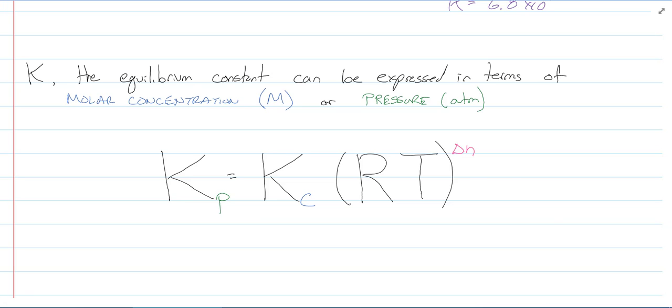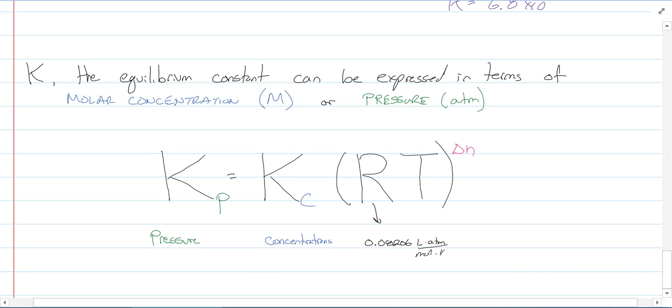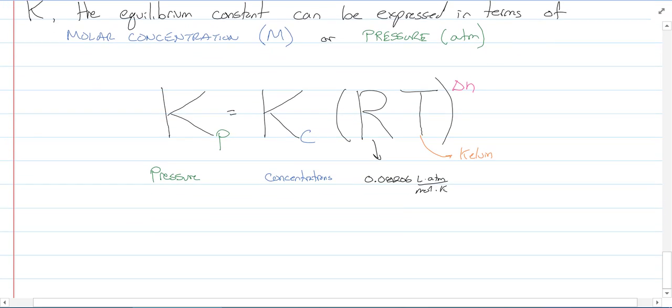Okay, so we kind of know that P is pressure. So the equilibrium constant for the pressures equals the equilibrium constant for concentration. R, of course, is the gas constant. And because we have concentration, 0.08206 liters atmospheres per mole Kelvin, right? Because we have moles per liter, we have atmospheres, and we have temperature. And temperature, of course, is going to be in Kelvin. Then we have delta n.